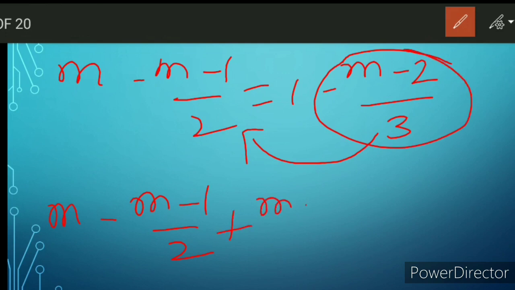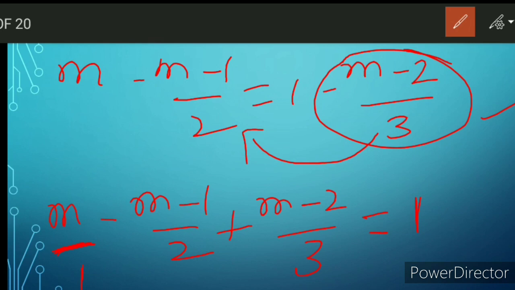Plus m minus 2 by 3 is equal to, only 1 is remaining on the right hand side. Yes, children, I just transposed this term to the left hand side in this step. That time this m does not have any denominator, so I will put 1. Now it looks like all three terms on the left hand side are in fraction form. Three fractions we are having, for which we should take the LCM and simplify.